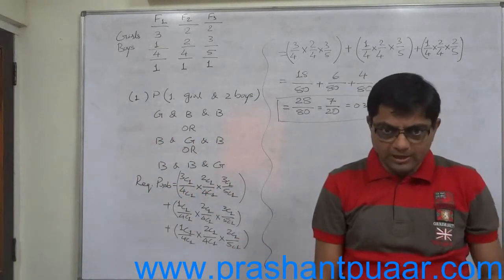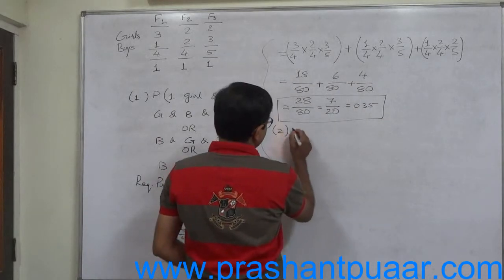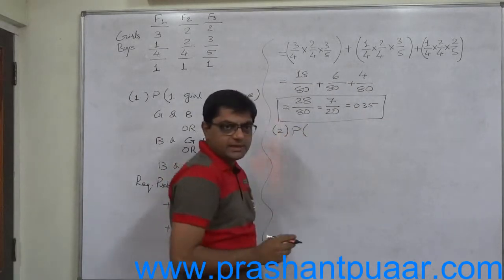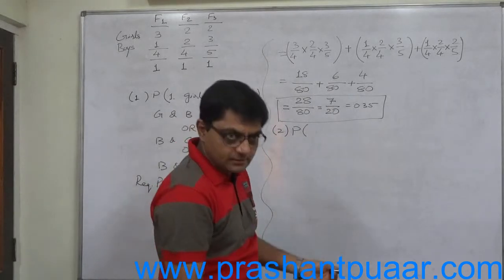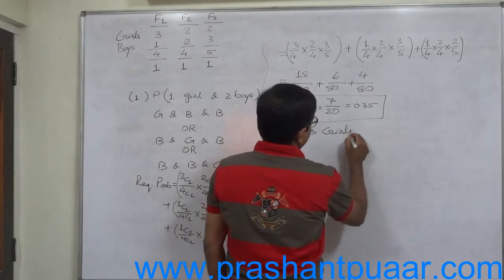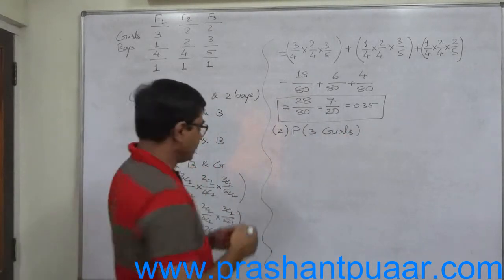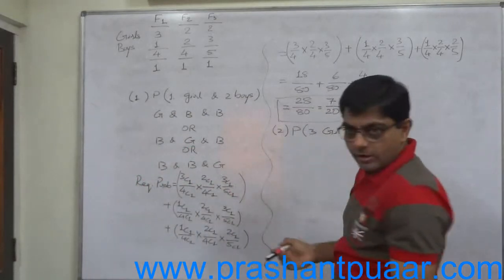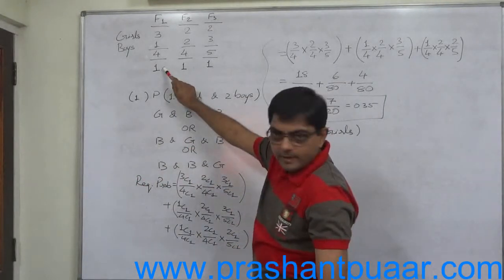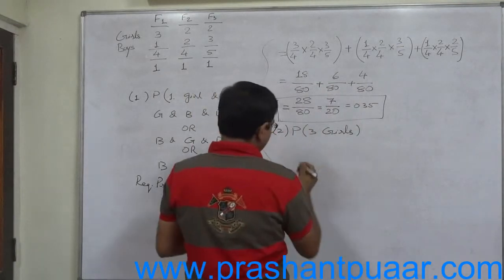Let us take two small cases. Second case we are interested in: what is the probability that all three are girls? A group of three selected consists of three girls. That is possible in one way only: girl from the first family and girl from the second family and girl from the third family.